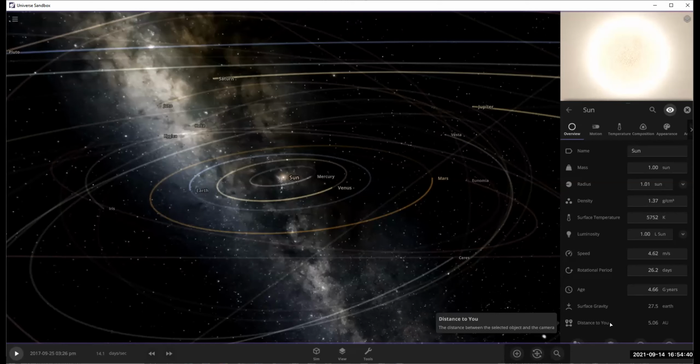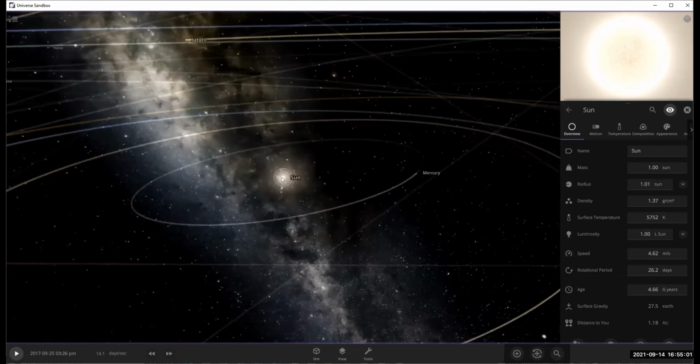I am as far from it as where Jupiter is. Let me zoom on it. The mouse is responding to me. Yeah, I guess I am zoomed in on it.